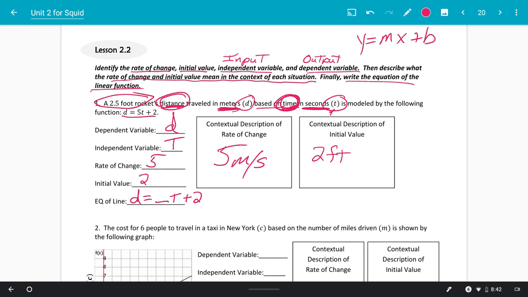Maybe, even though the rocket's 2.5 feet tall, maybe they build a platform and put it 2 feet above the ground. That could be, right? So 2 foot, I'll call it a platform. Now, if this was a test, I would want to tell you why I thought it was that. You know what I'm saying? Just to make sure, because I think we could sit here and argue whether it was 2 or 2.5. Cool? Think you can handle this?